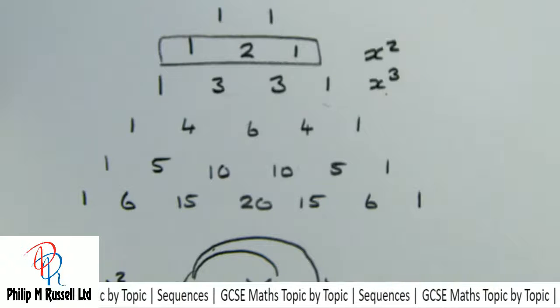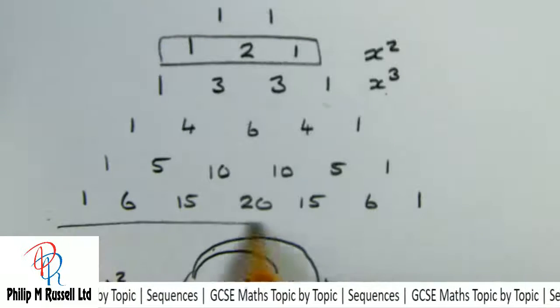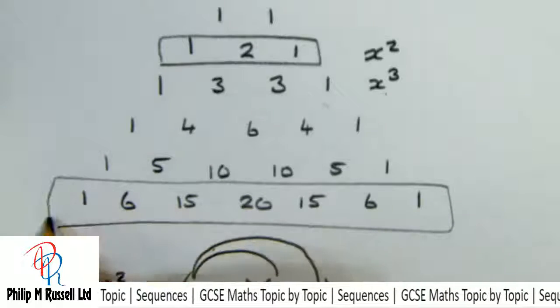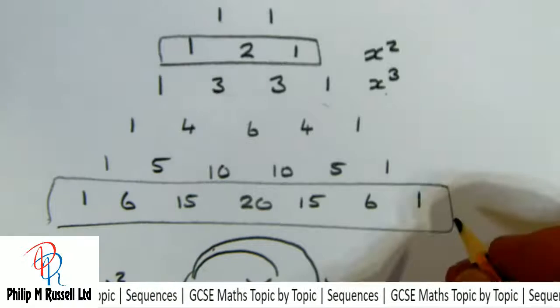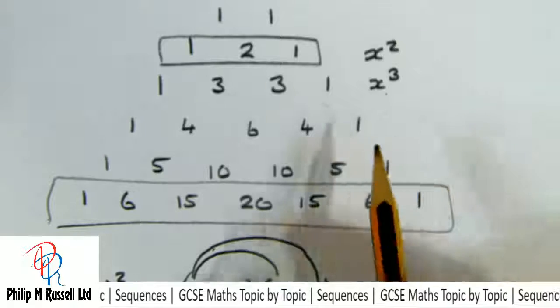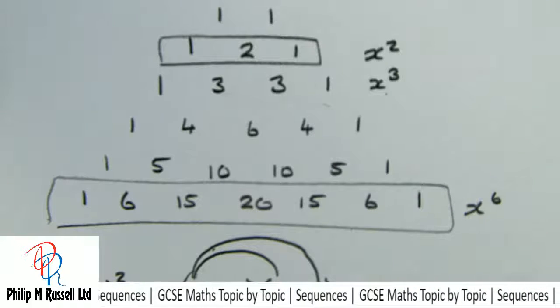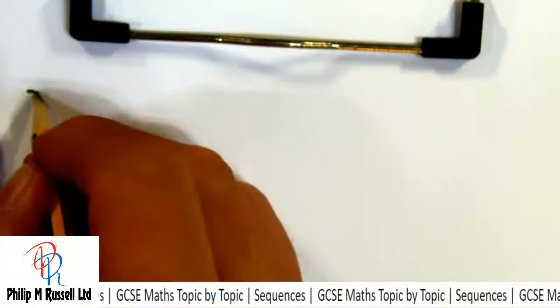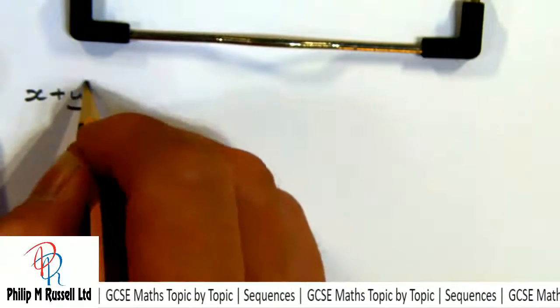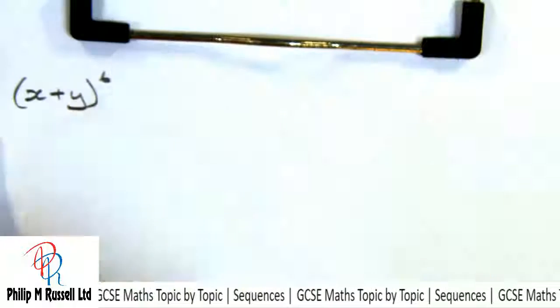Just for fun, let's work out this one. But I'm going to do an awful lot of cheating here. So this is going to be x to the 6. So I'm going to have an equation which is x plus y to the 6.